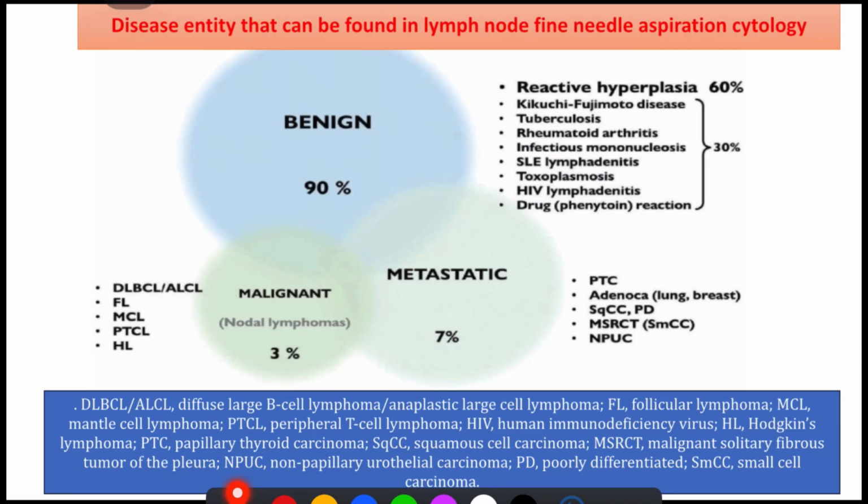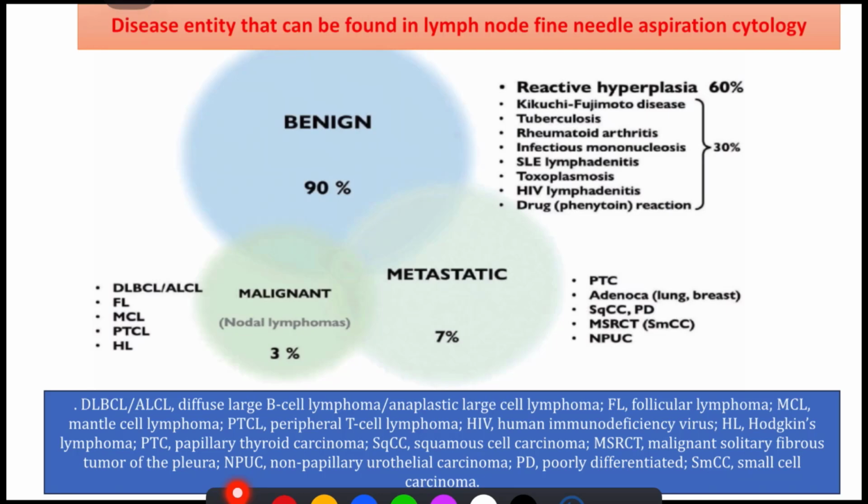Among these, 60% are reactive hyperplasia, and 30% in this category are Kikuchi's disease, tuberculosis, rheumatoid arthritis, infectious mononucleosis, SLE, toxoplasmosis, HIV, and phenytoin reaction.